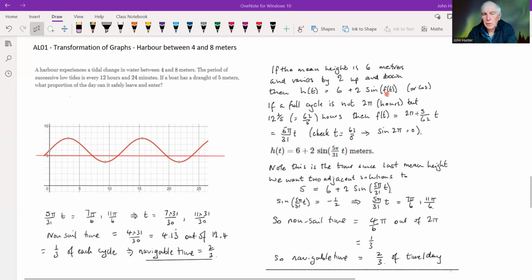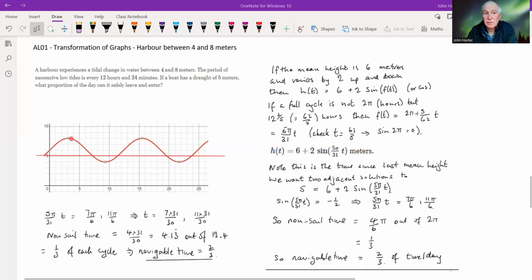But horizontally, what happens horizontally? Okay, so let's have a think about this. Normally when we've got the sine curve, a full cycle, which in terms of this question would be the period between successive low tides. We could pick any 2 points on here to give us a full cycle, but the question is expressing it in terms of successive low tides.